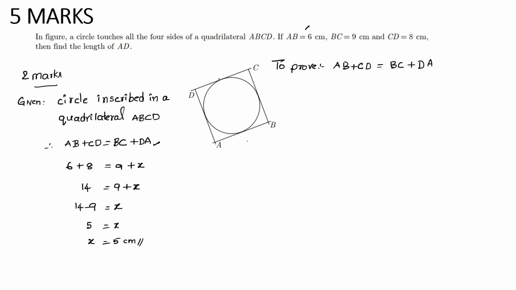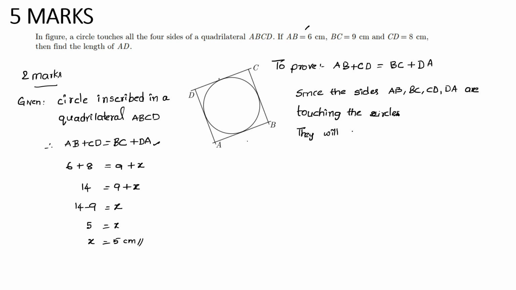Okay, so since the sides AB, BC, CD and DA are touching the circle, by default they will be tangents.